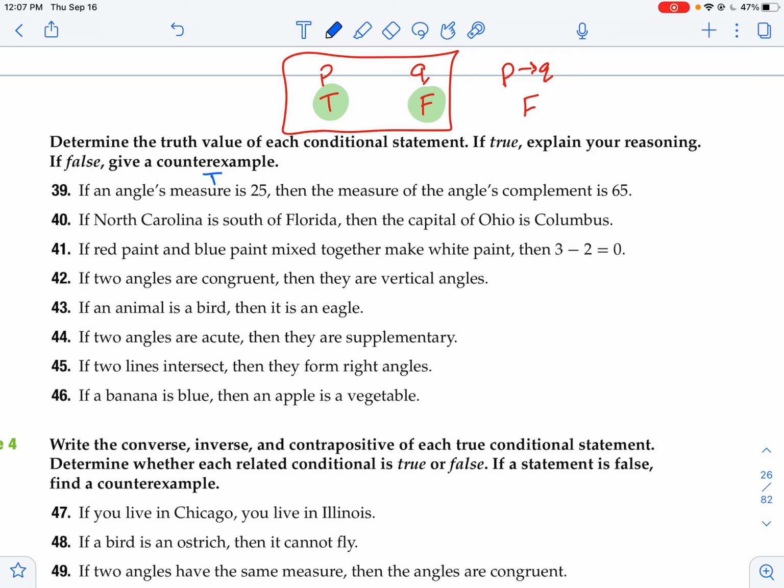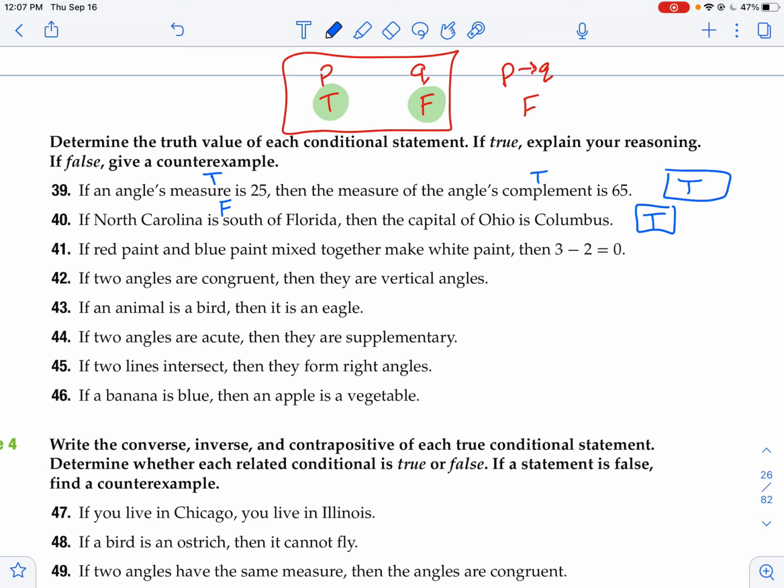And then if it's 25, the complement must be 65, so true, true, true statement. 40, if North Carolina is south of Florida, that's false. Then the capital of Ohio is Columbus. Well, it doesn't matter because I cannot have true, false if I start off with a false statement. So no matter what, that is true.